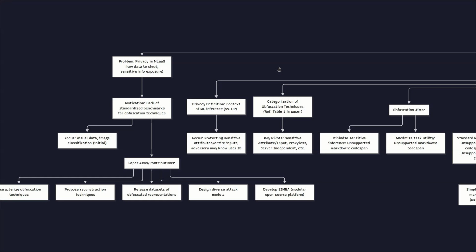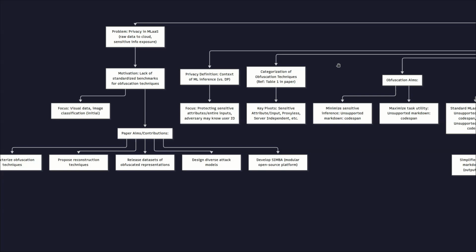The paper evaluates a range of obfuscation techniques categorized by their properties, such as whether they protect sensitive attributes, for example gender, or inputs, for example entire images, and whether or not they offer formal privacy guarantees.